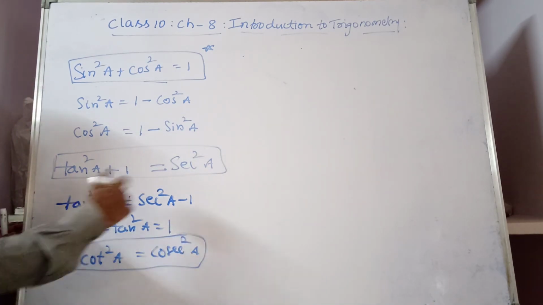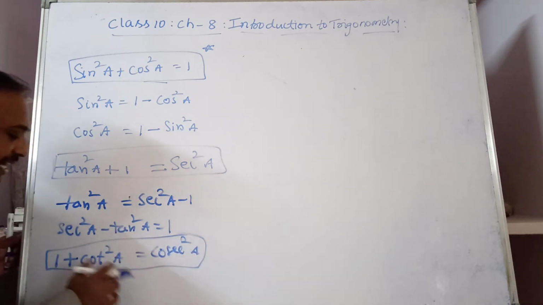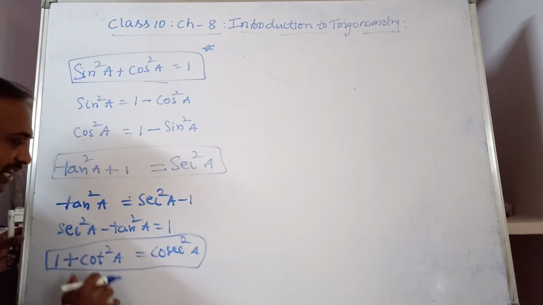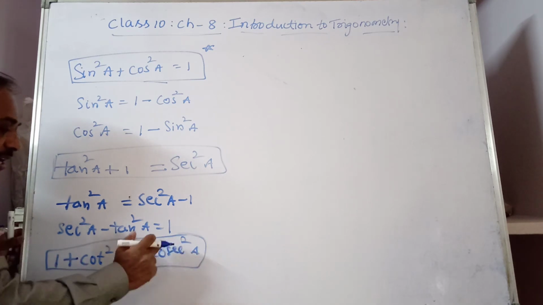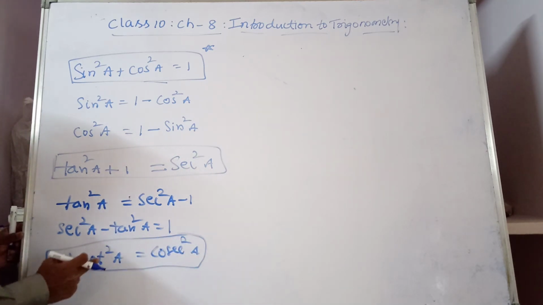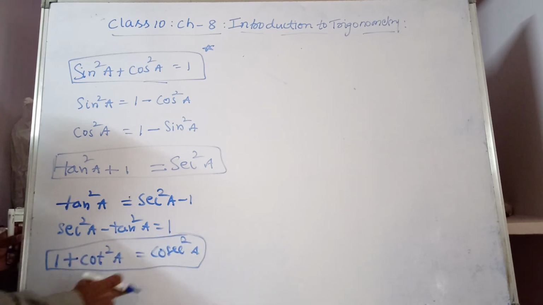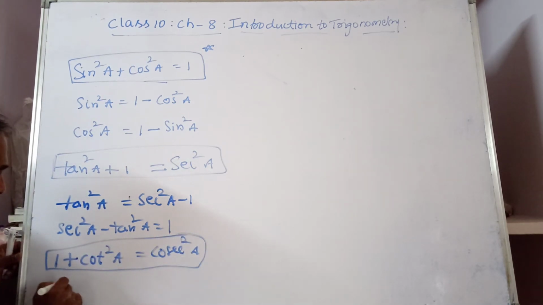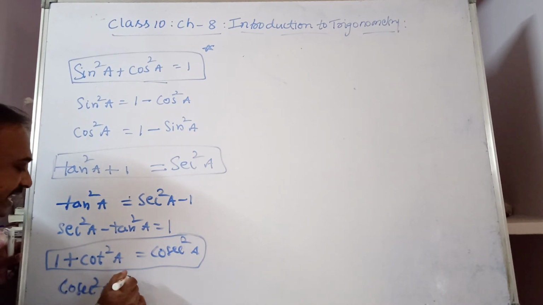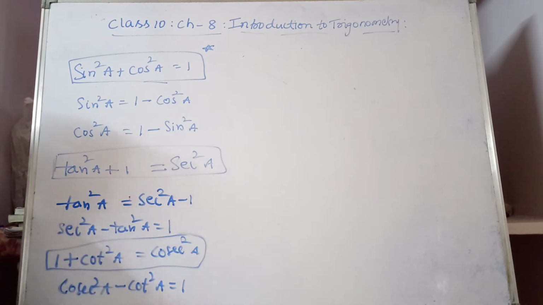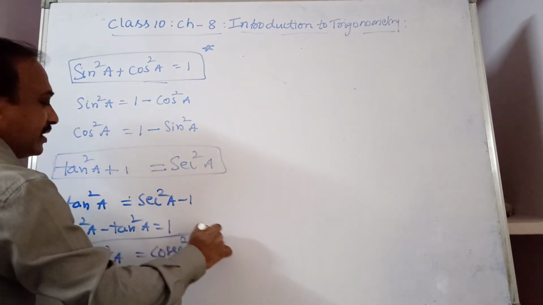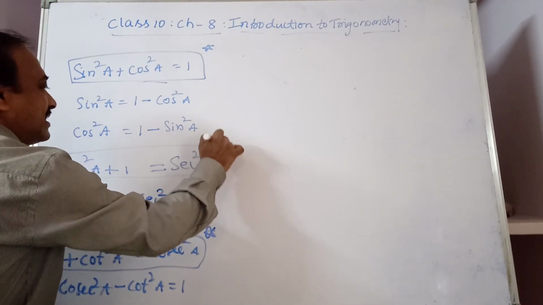If you transpose cot square A to that side, cosecant square A minus cot square A is equal to 1. This is actually the third identity, and the earlier one is the second identity.